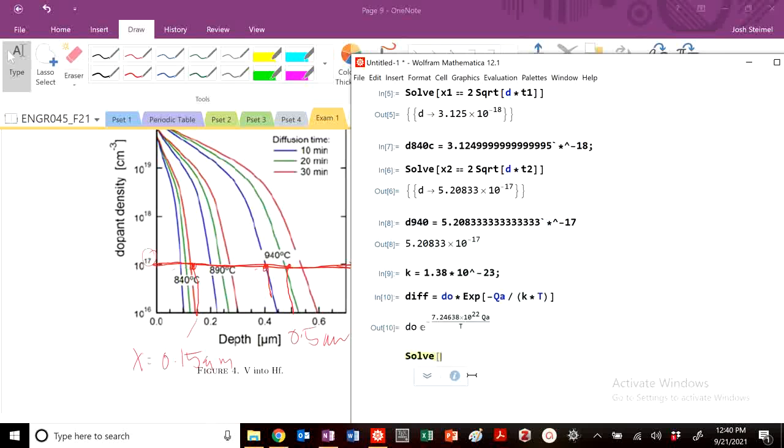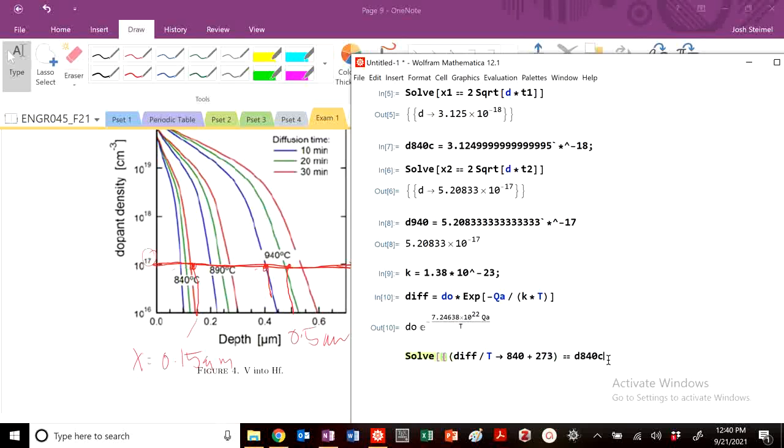My diffusivity is equal to my D840, and I need to put parentheses around this. I'm going to substitute it in here, but this temperature was done at 840 C, so 840 plus 273, because I need everything in Kelvin.